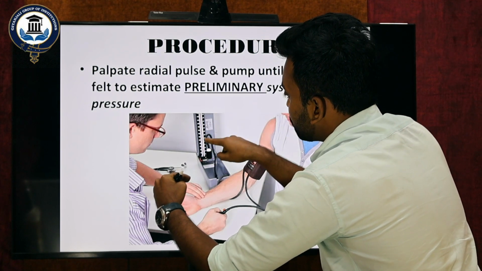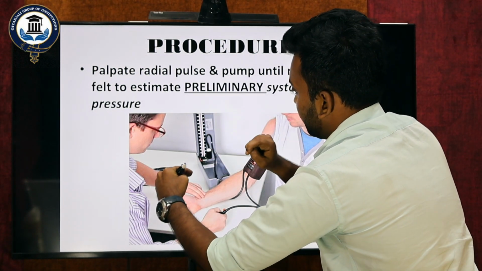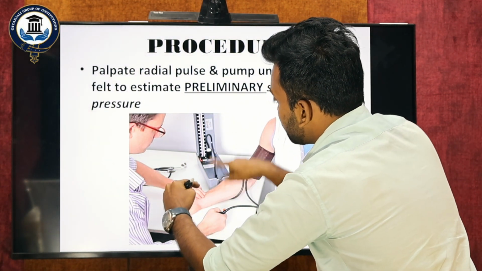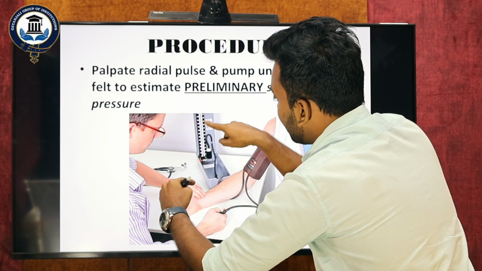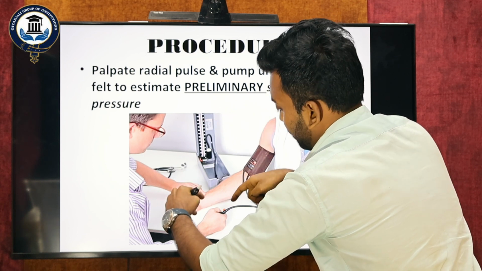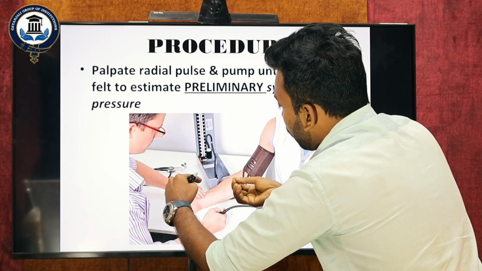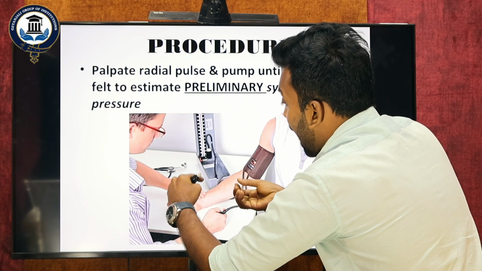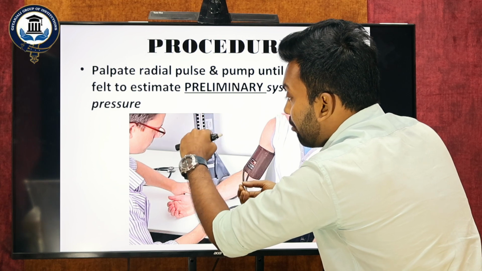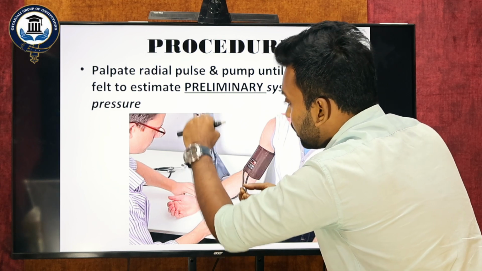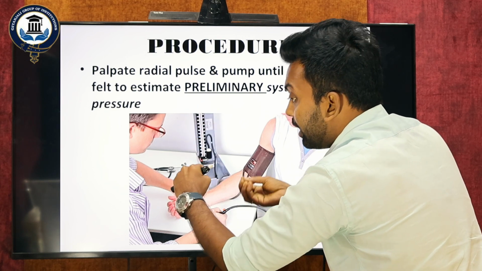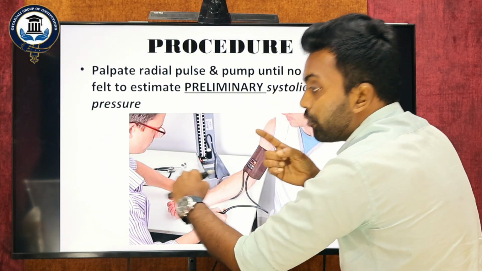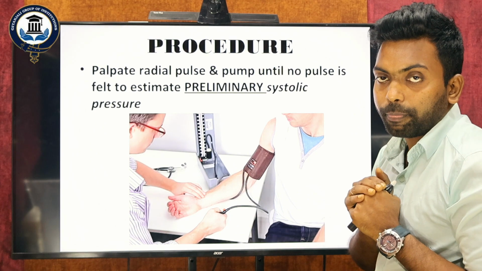Suppose it reaches up to 200, and at one level you no longer feel the pulse. Then slowly release the air, and at the reading on the scale where you feel a strong pulsation, that is the point of systolic pressure.